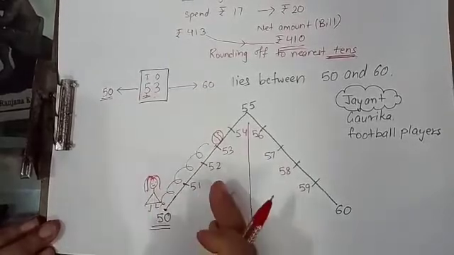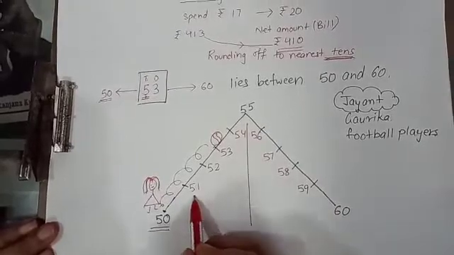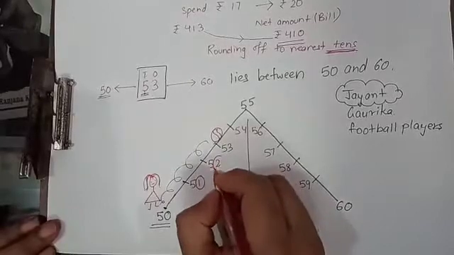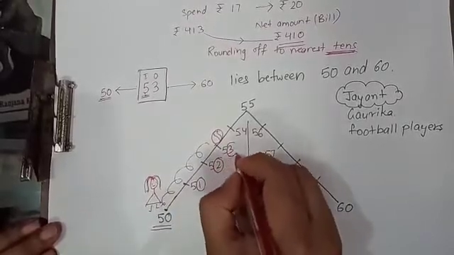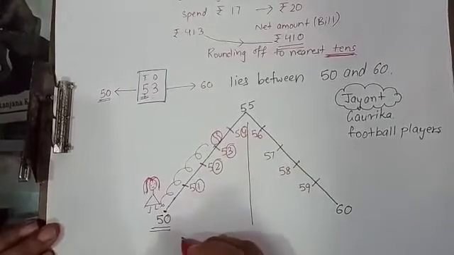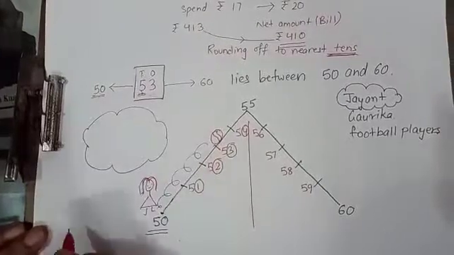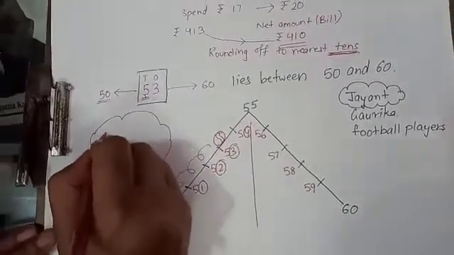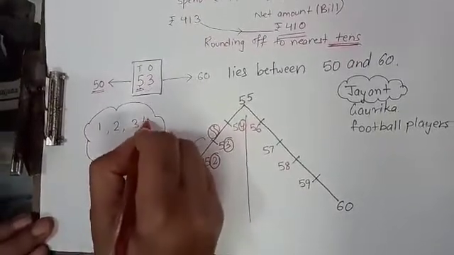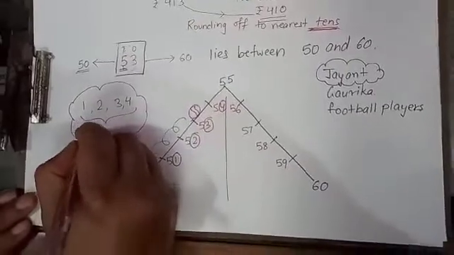So what did we see from here? That if any value is ending with 1 or 2 or 3 or 4, it will be rounded down. Let's note down in this knowledge cloud that any digit ending with 1, 2, 3 or 4 will be rounded down.